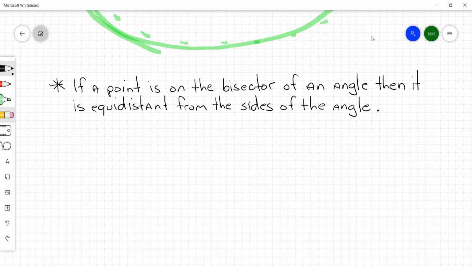If a point is on the bisector of an angle, then it is equidistant from the sides of the angle.